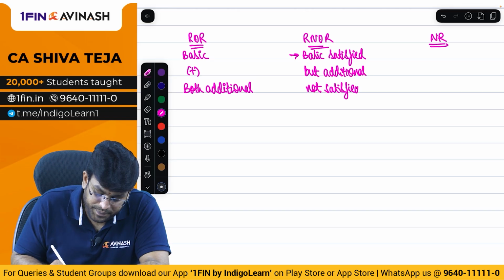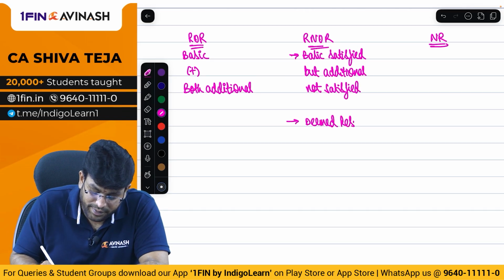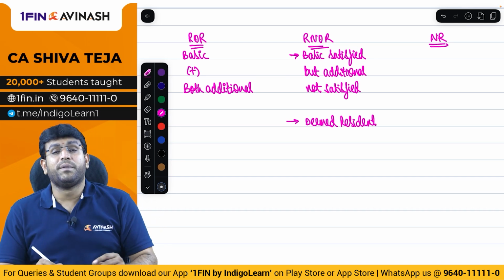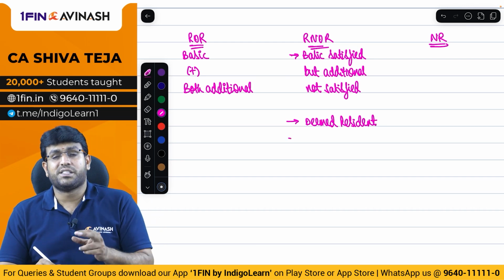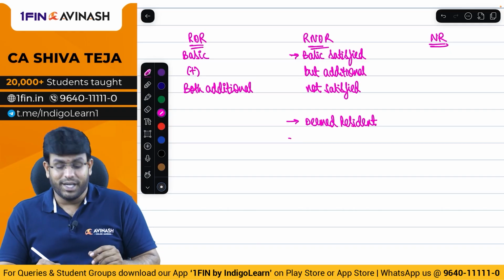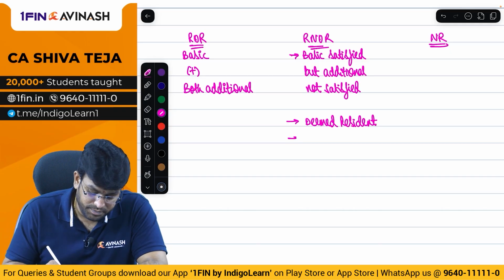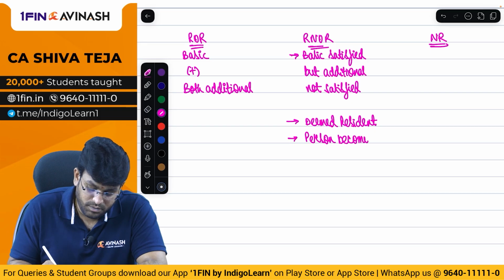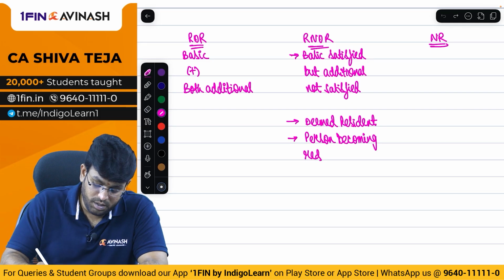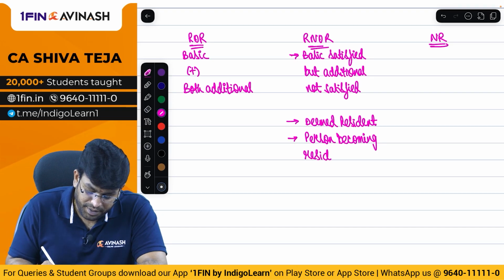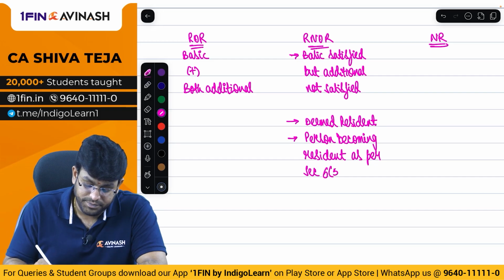Second one, deemed resident under section 6(6). Deemed resident is always an RNOR, guys. Next, person becoming resident as per section 6(5).